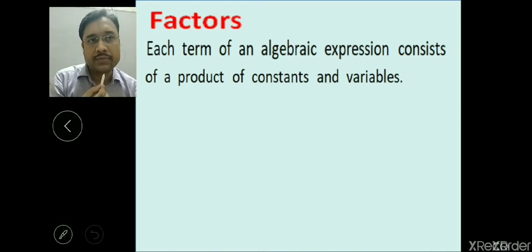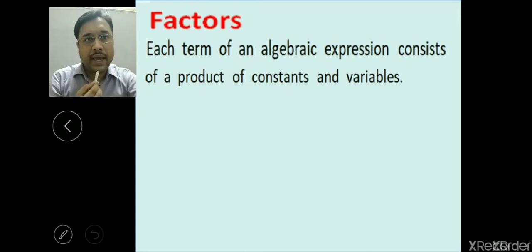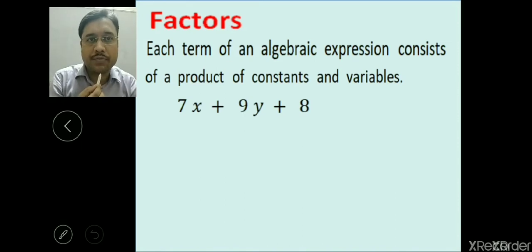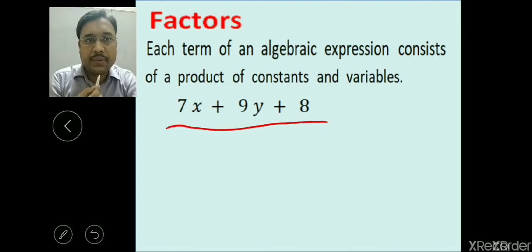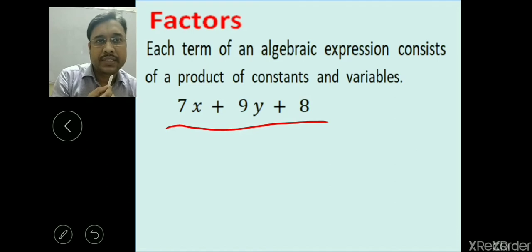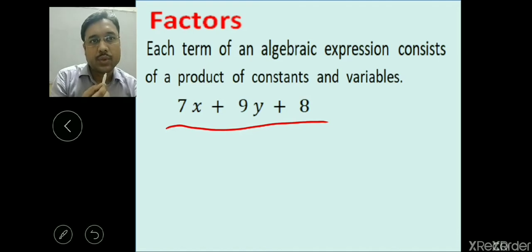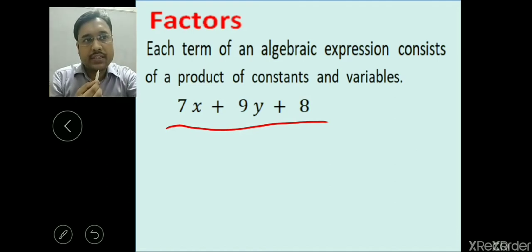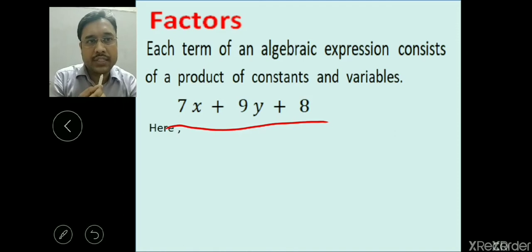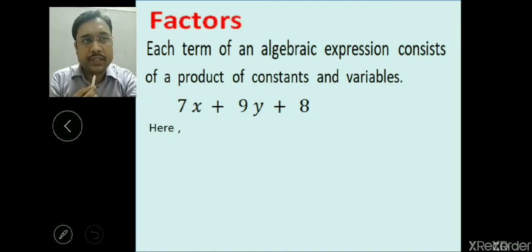So each term of the algebraic expression consists of a product of constants and variables, and such terms are formed by these factors only. In this example you can see 7x plus 9y plus 8, the constants and variables are forming the factors.